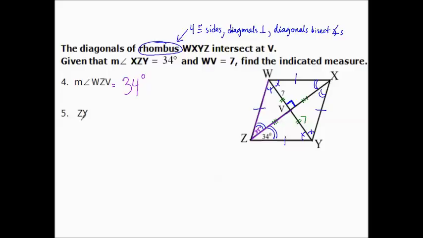Let's see how we're going to figure out ZY. Where is ZY? ZY is this guy right here. Well, I know it's supposed to be congruent to the other sides, but I don't know how much the other sides are. Let's look around and maybe try to take on a shape that we know, such as this figure right here, which is a triangle.